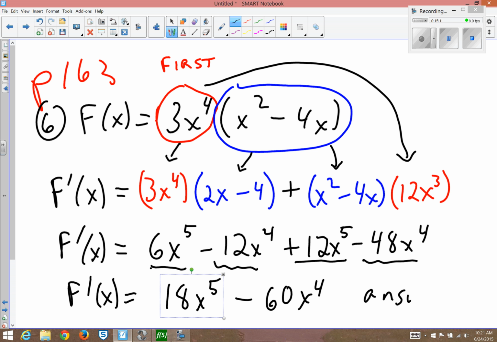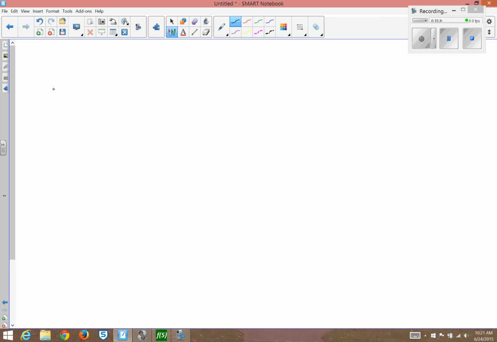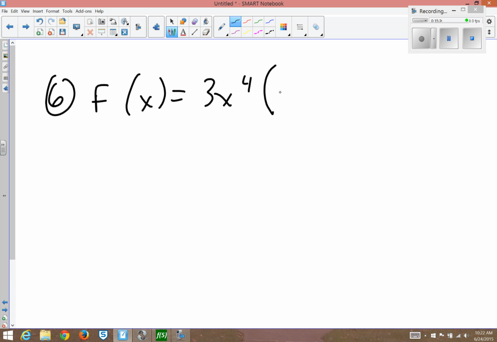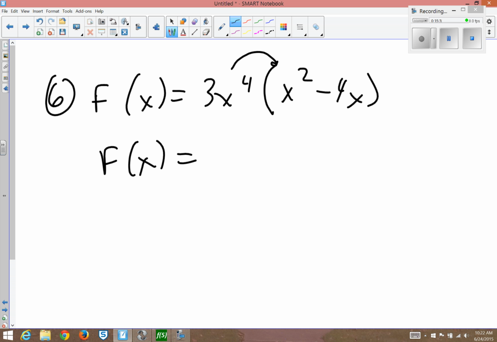That's the answer. Now this exercise can be done without the product rule, because f of x equals 3x to the fourth, parentheses x squared minus 4x. F of x is the same as 3x to the sixth minus 12x to the fifth.